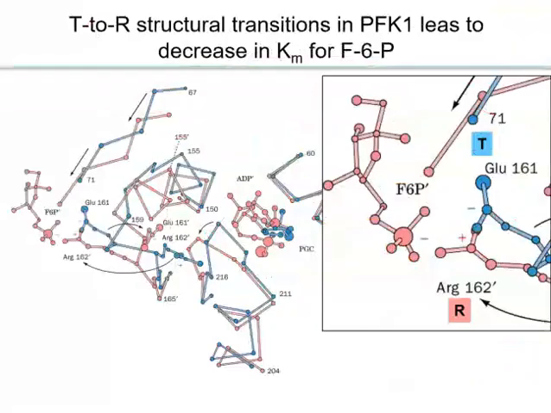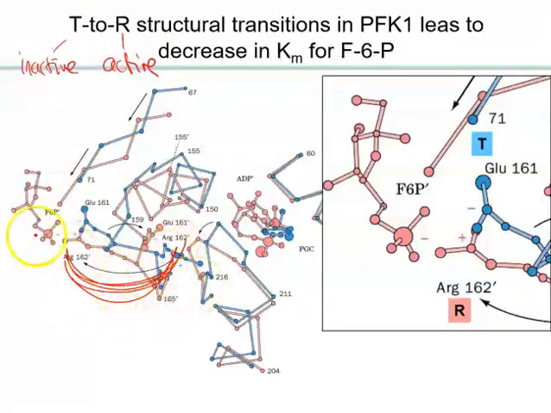On a molecular level, and we're not going to cover this because this is Biochem 1, we have this T to R structural transition, right? So we're going from inactive to active, and there is actually, honest to goodness, like this little switch within the enzyme. So we're going to flip the positions of two amino acids.